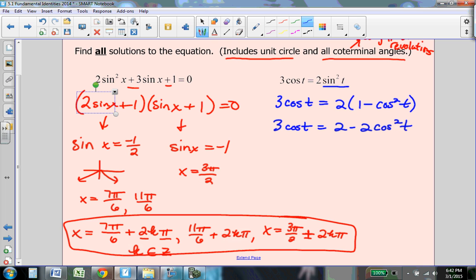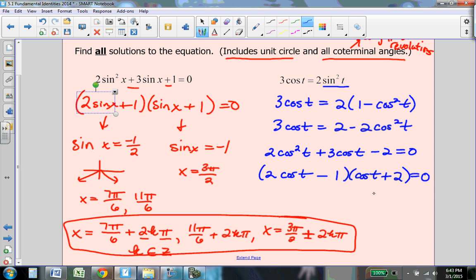And now that I have distributed, I would like to get it all equal to 0, get my squared term out in front, so 2 cosine squared of t plus 3 cosine of t minus 2 equals 0. And to factor that, I'm going to have 2 cosine of t and a cosine of t. I'm going to need a 2 and a 1, positive, 1 negative. I need to get close to 4, so I'm going to do 2 times 2, get a 1 there. I need more positive, a little less negative, so there's my factoring.